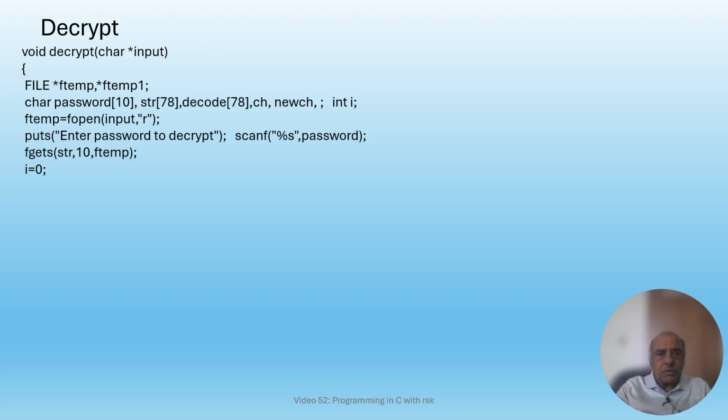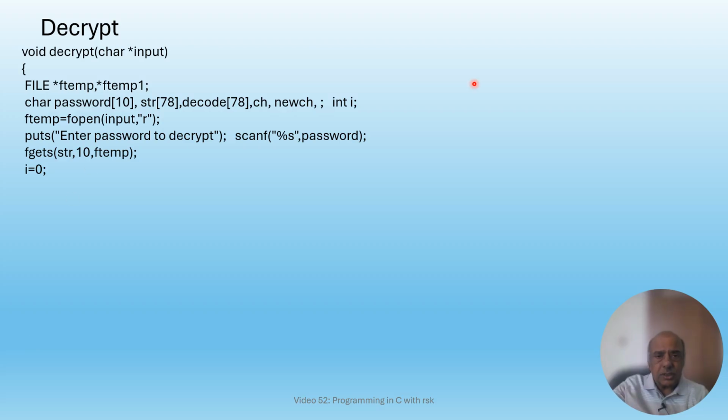Now we are going to decrypt the temp file which was created by using the encrypt function. Whatever is the decrypted file, I will be writing to another file temp1 just to see whether the encryption and decryption functions are functioning properly.